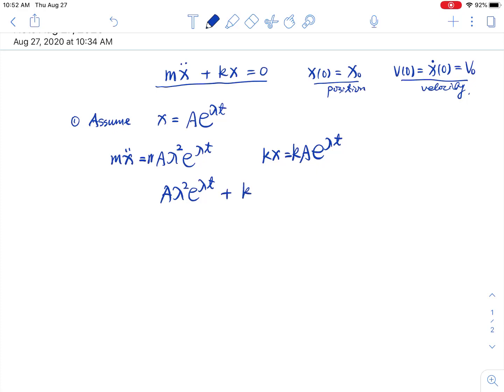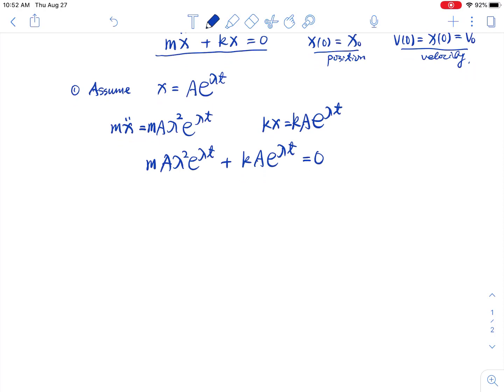Oops, I forgot the A here. So (mλ² + k) A e^(λt) equals 0. So we can collect the common terms. So we have mλ² plus k, and then A e^(λt) equals 0. So this equation stands at any time point t.